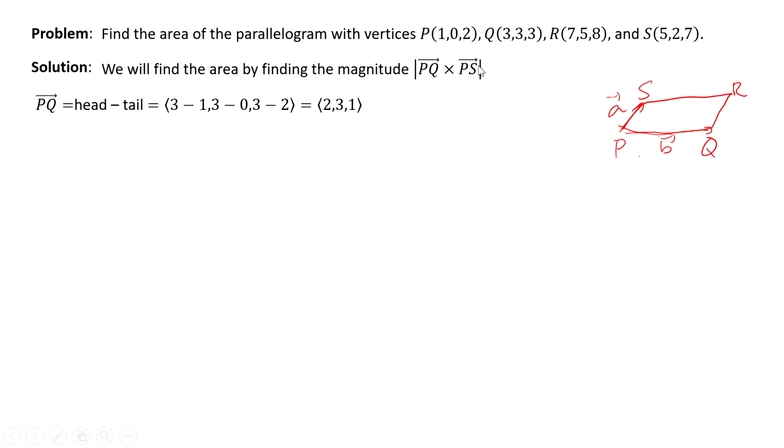Similarly, PS would be 5 minus 1, 2 minus 0, 7 minus 2. So that's 4, 2, 5.